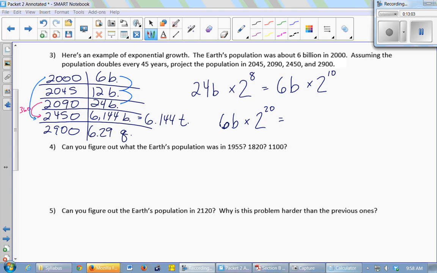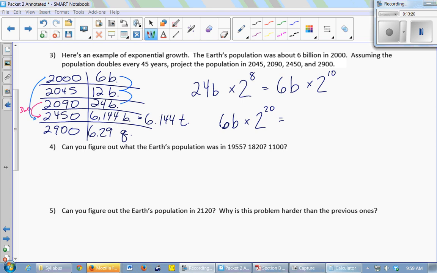Okay. But the Earth has been growing at this rate, so we can use this rule to try to go backwards in time, right? So how would you figure out the Earth's population in 1955? Divide by 2, yeah. But how many times should I divide by 2? Once, yeah.